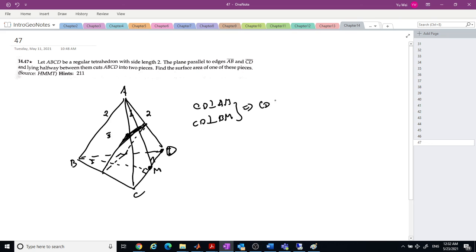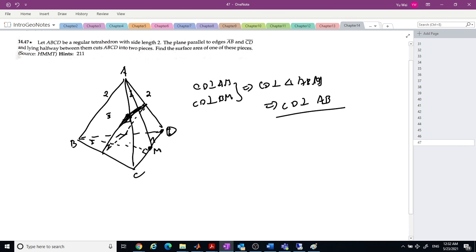So CD is perpendicular to the face ABM. Then CD is perpendicular to AB. Now you know they are perpendicular, right? So here is a square. The middle cut is a square. Now we solved everything.